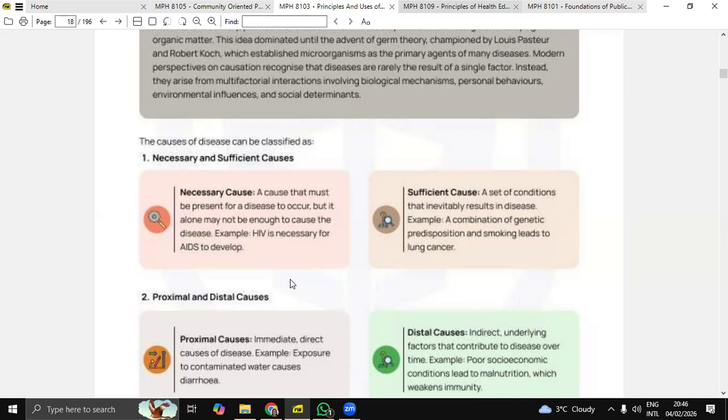Like this example we have here, there's genetic predisposition and there's smoking. We may not be able to do anything about the genetic predisposition, but we can talk to people to stop smoking, to reduce smoking, such that even though you already have the genetic predisposition, because you don't smoke, it drastically reduces your chances of developing this disease. I hope that it helps in whichever way it is.